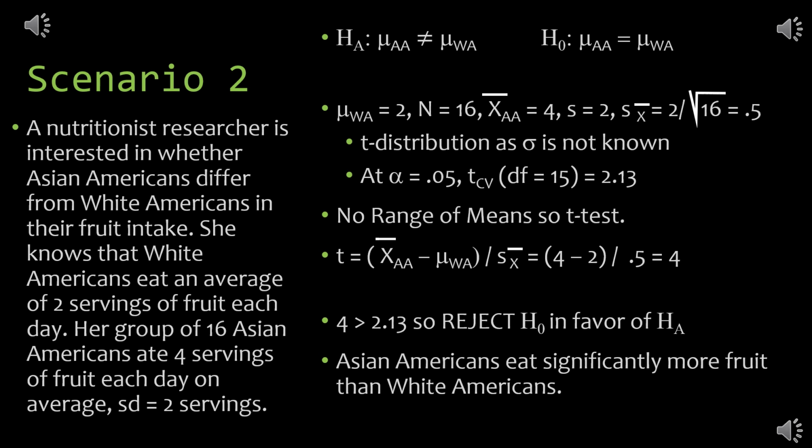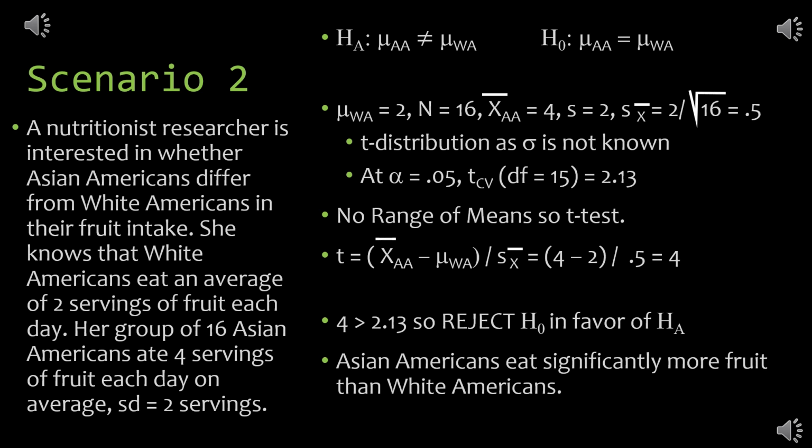Okay, scenario 2. A nutritionist researcher, again, is interested in whether Asian Americans differ from white Americans in their fruit intake. She knows that white Americans eat an average of 2 servings of fruit each day. If she knows, then we're talking about population information. So mu for white Americans equals 2.